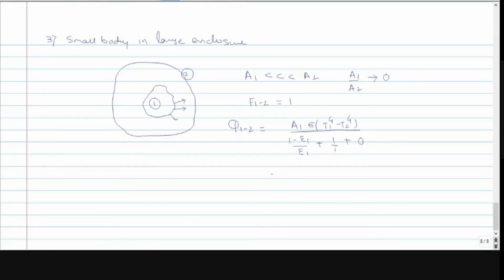Now if I remove this term and simplify, we get A1 sigma (T1 to the power 4 minus T2 to the power 4) divided by 1 upon emissivity 1 minus 1 plus 1 plus 0. So it becomes A1 E1 sigma (T1 to the power 4 minus T2 to the power 4). So this is our expression. These are some of the few cases which are useful for solving various numericals. So thank you for attending this live session.